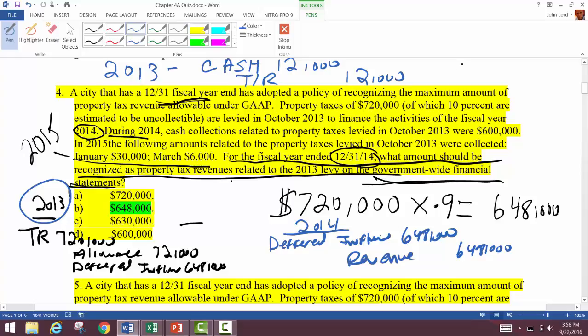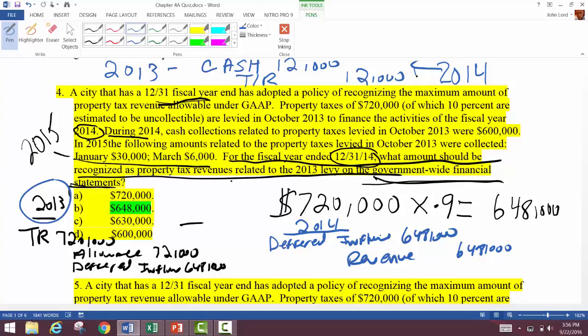Okay, what do I do in 2014 when somebody sends me money? Same thing. Say they send me another 12,000 in 2014, debit cash, credit what? Taxes receivable. Now, by then, I've taken the revenue because I've met the time requirement. Use may begin, so I've taken the revenue on that, right?